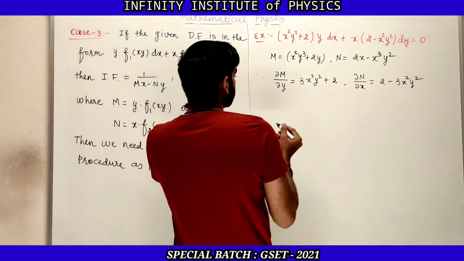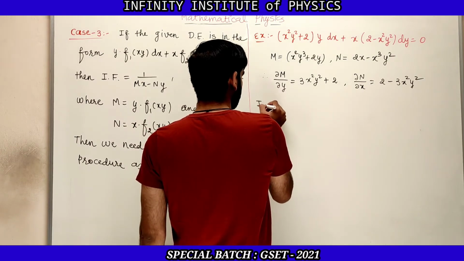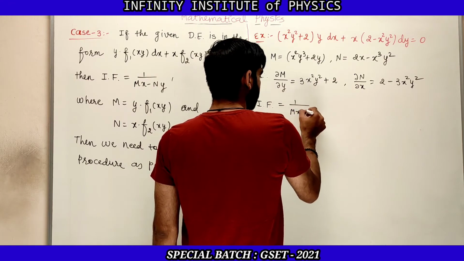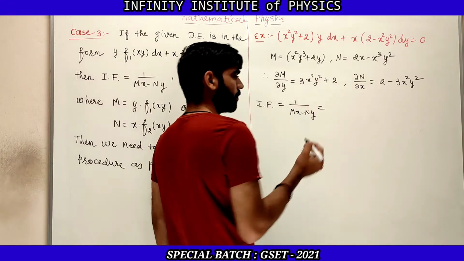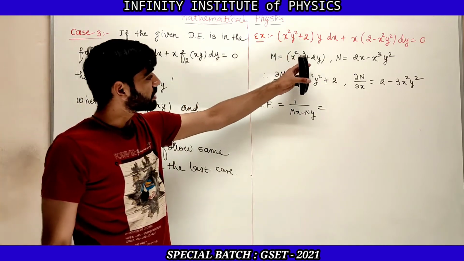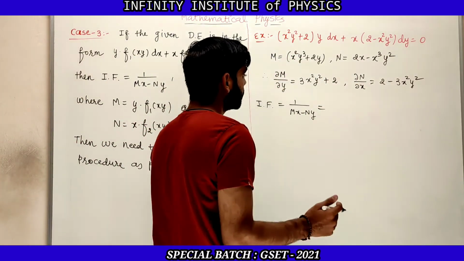And now let us find the integrating factor. The integrating factor is 1 upon mx minus ny. Now m is here, n is here, so let us find it.